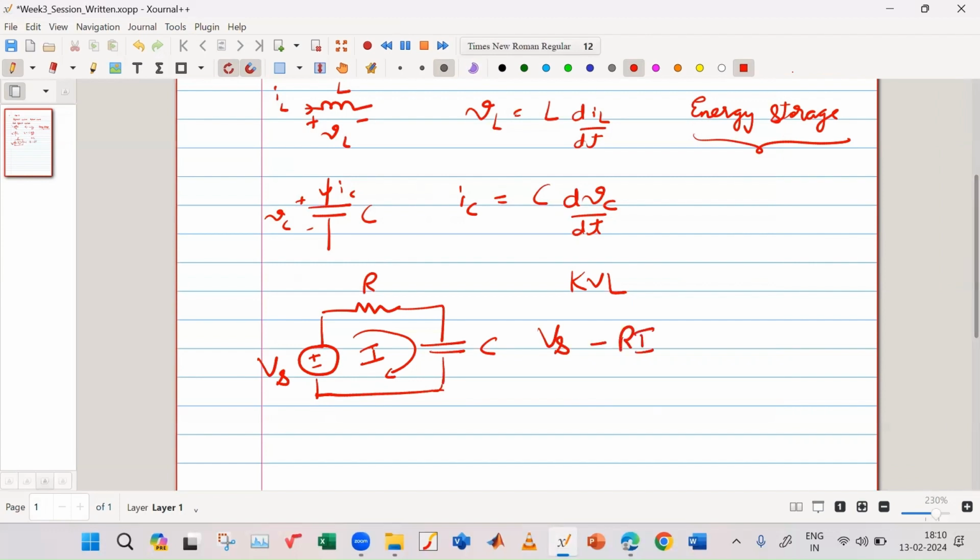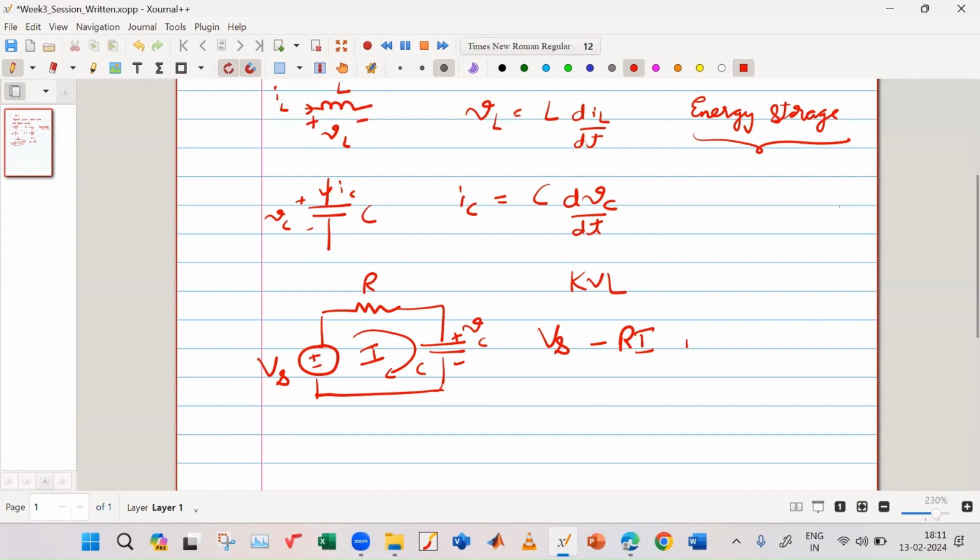Then assume this is VC, so again, minus VC. 1 by C integral of I dt. Just one minute. Yes, you were saying, 1 by C integral of di by dt.